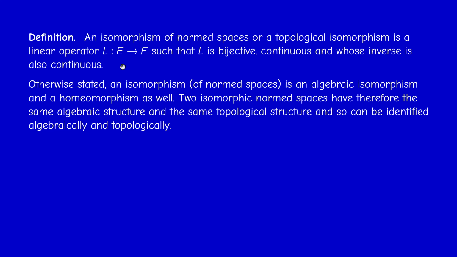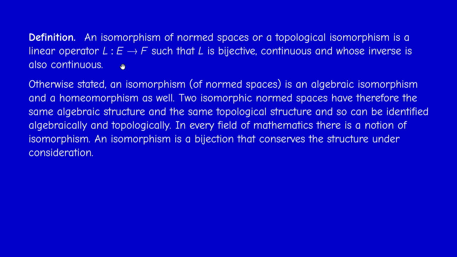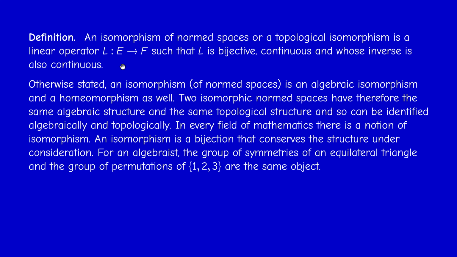For a topologist, we have the notion of homeomorphism. Two spaces are homeomorphic if they have the same topological structure. So, for example, for an algebraist, the group of symmetries of an equilateral triangle and the group of permutations of 1, 2, 3 are isomorphic, so they can be identified. We don't really distinguish.